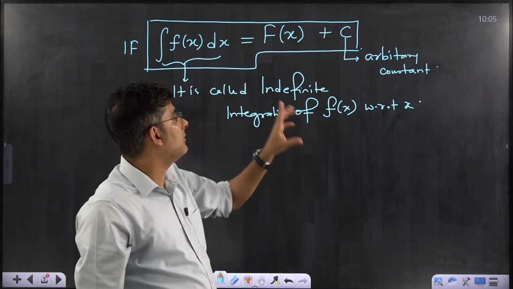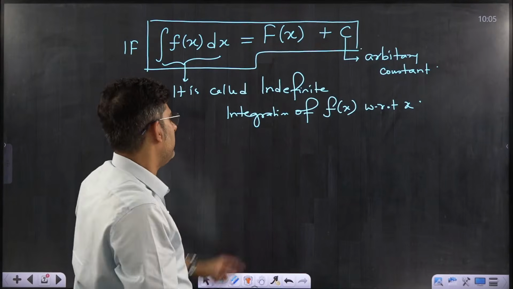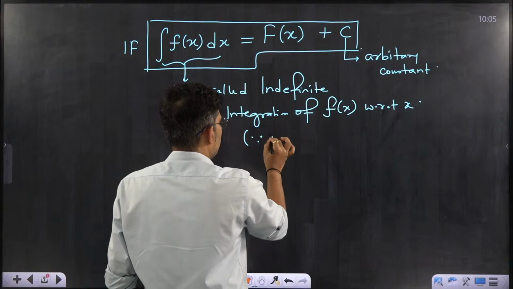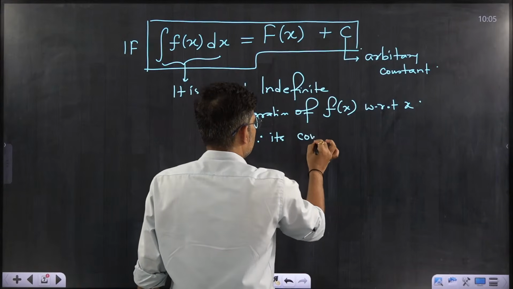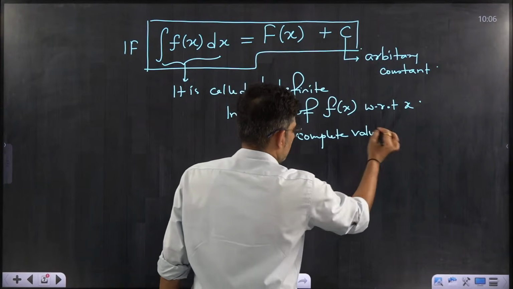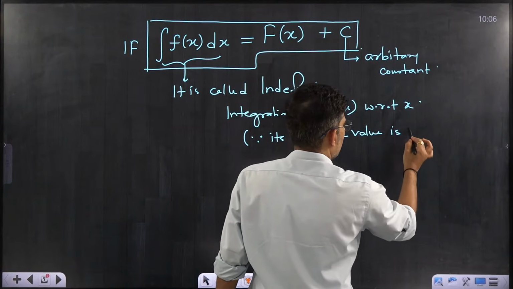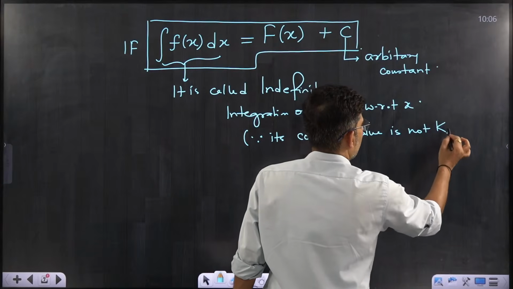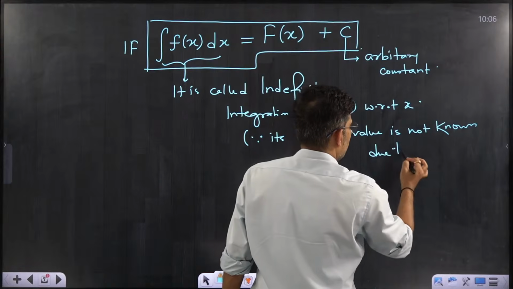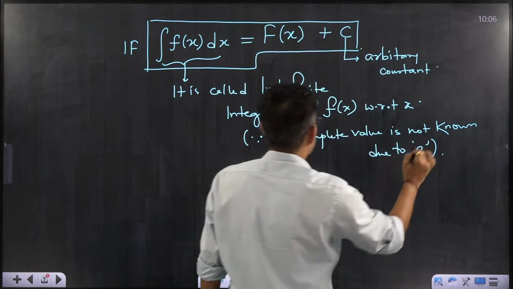If the value of c is known, then you will get the complete value. Indefinite integration of f(x) with respect to x, since its complete value is not known due to the arbitrary constant c.